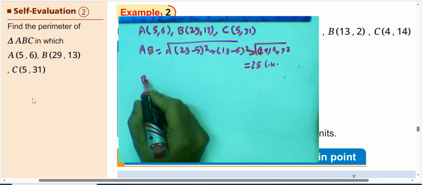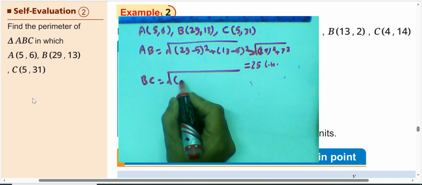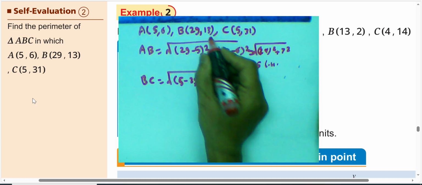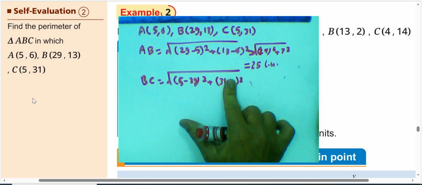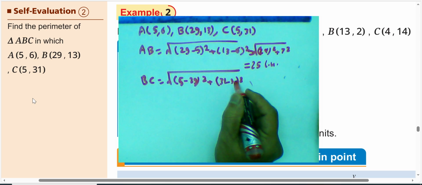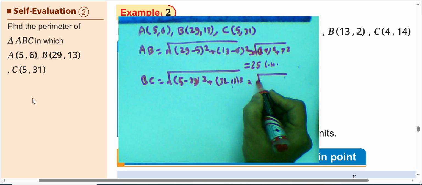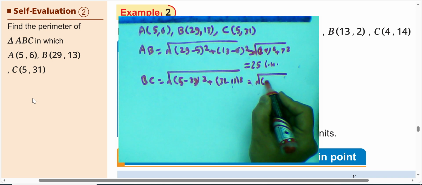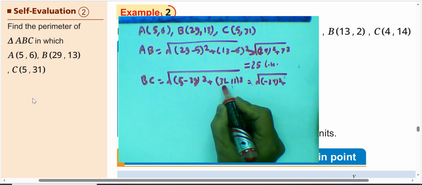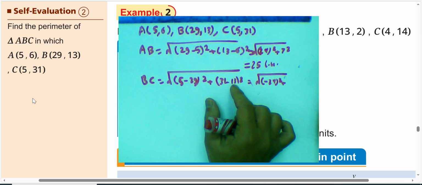Next, BC. Using the rule with B and C: (5 minus 29) power 2 and (31 minus 13) power 2. 5 minus 29 will be negative 24, power 2, and 31 minus 13 is 18.